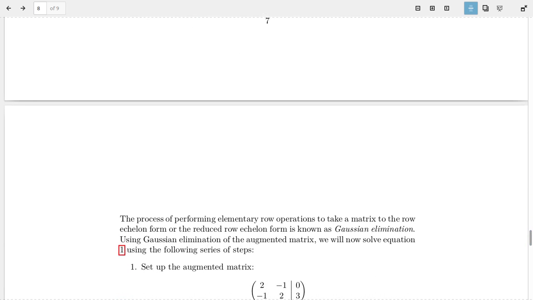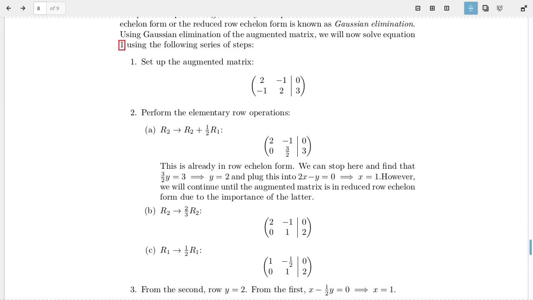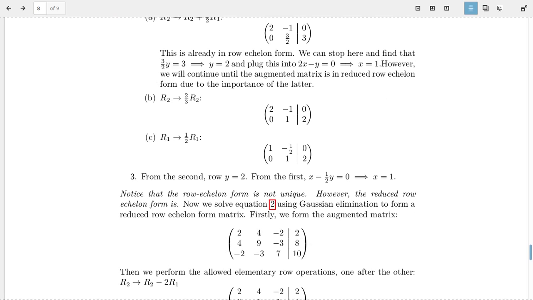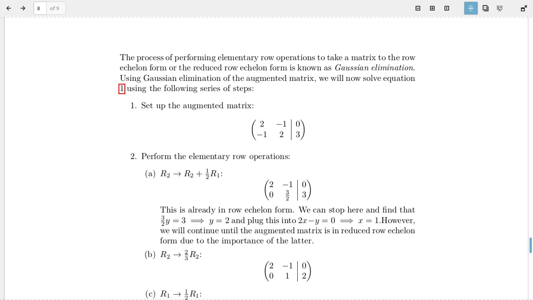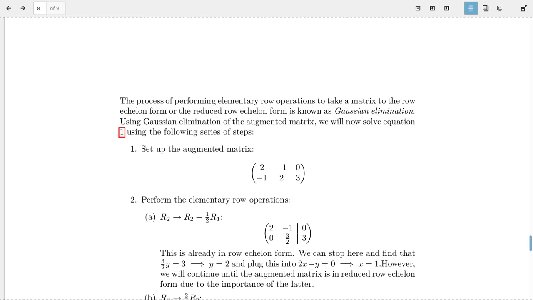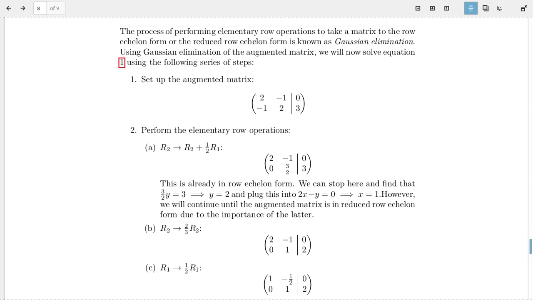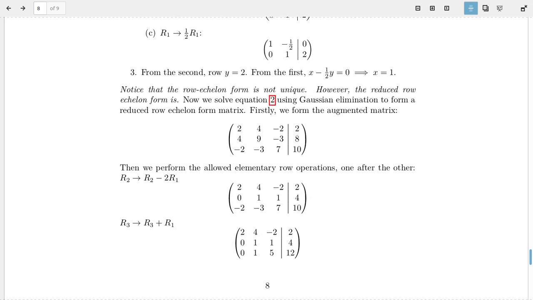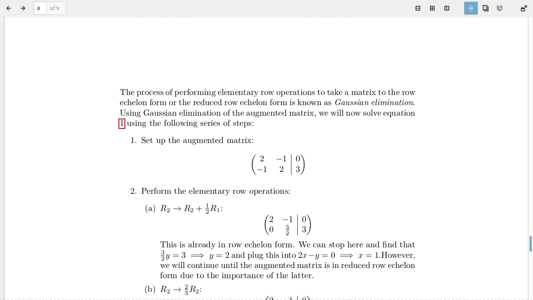So now let's apply them to solve simultaneous equations. So remember equation 1. What we can do is solve the equation using elementary row operations.